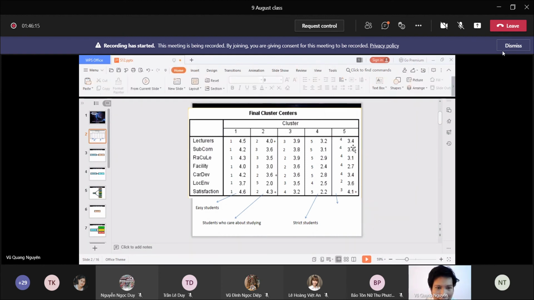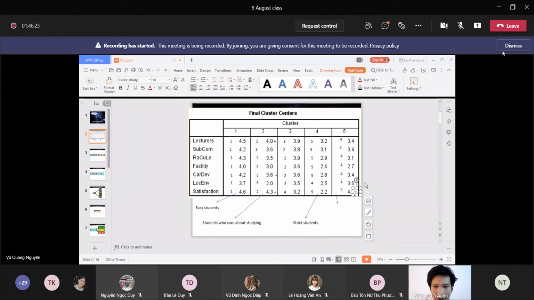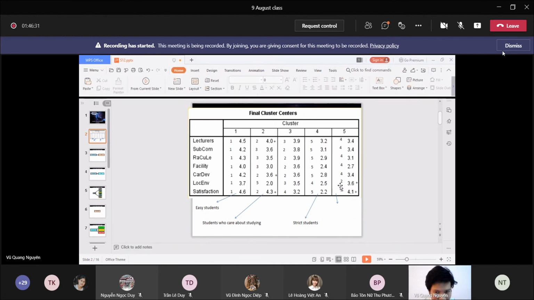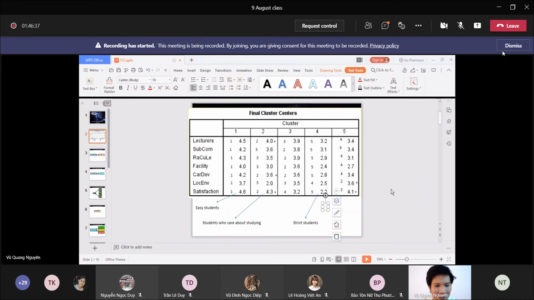Low in lecturer, subject complexity, rationality of curriculum's length, facility, and career development. All of them are low. But look at location environment. It's called rank 2. Rank 2 means that high, okay? High in location environment, high in satisfaction. What does it mean? What kind of students are there in this? Okay, they are satisfied with only one thing.